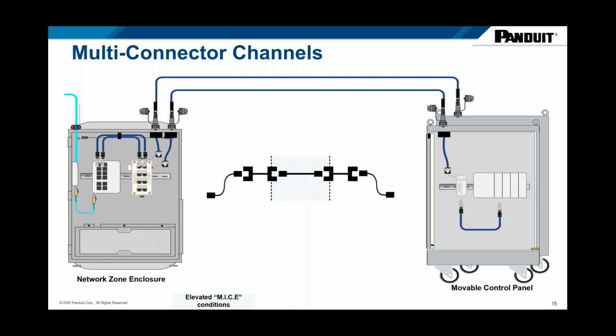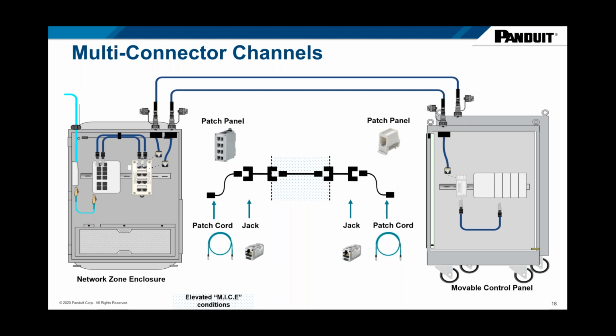In the middle there, you see the diagram that we're building. On the left of the diagram is the network zone enclosure. On the right is that movable control panel. And in between, that little shaded area, that's where we have the harsh M.I.C.E. conditions, which is a key factor to what we're looking at here. So inside those control panels, we can put our patch panels in. We can install jacks inside of there to allow the testing.